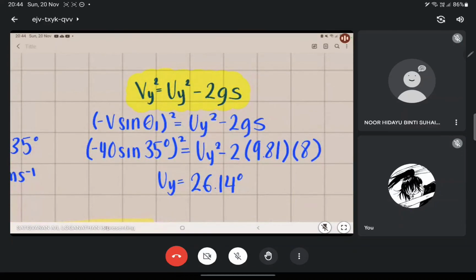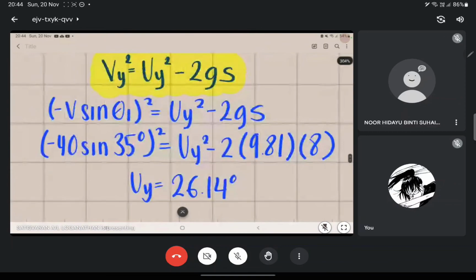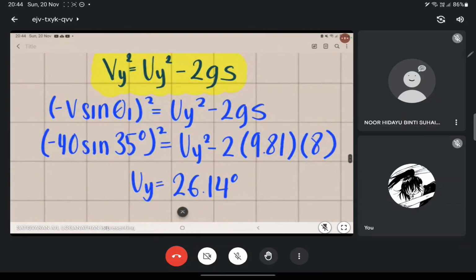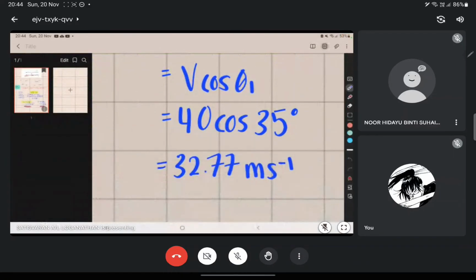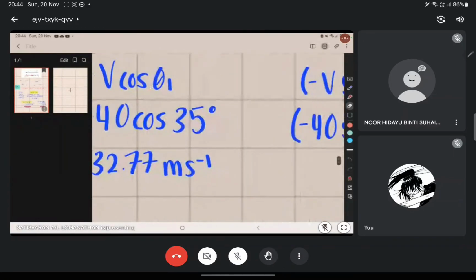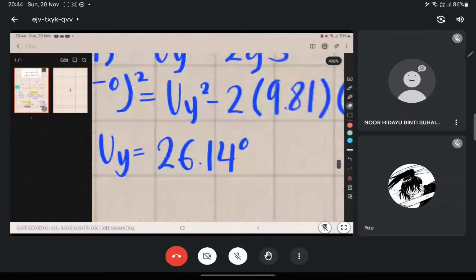So we substitute all the values into the formula and we get Uy equals 26.14. This one is actually meter per second, okay? Sorry, a mistake. Okay, this one meter per second.